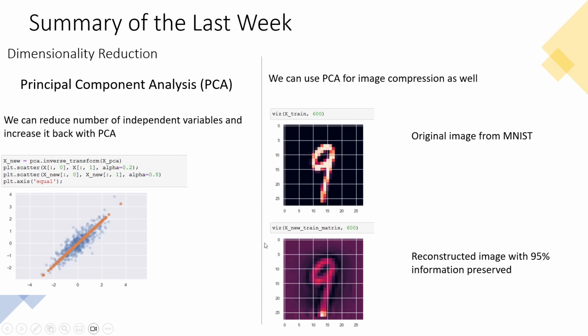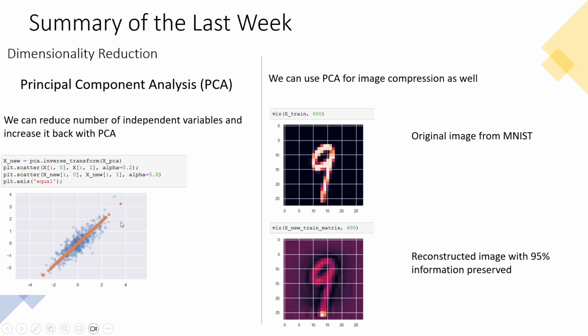And we have seen an example on MNIST database. We basically reduce the dimension of our image, and then we rescaled our image. Then we could reconstruct our image with 95% information preserved, such as this one.